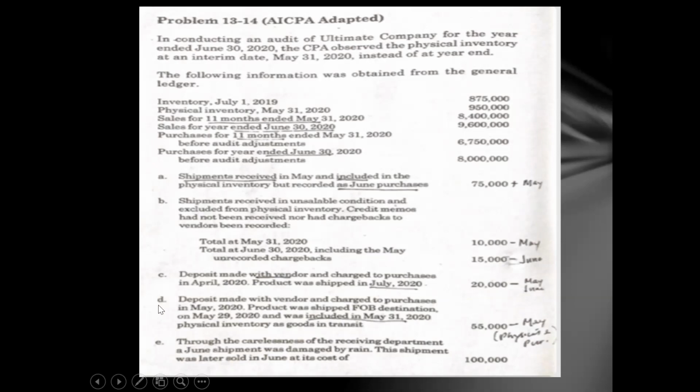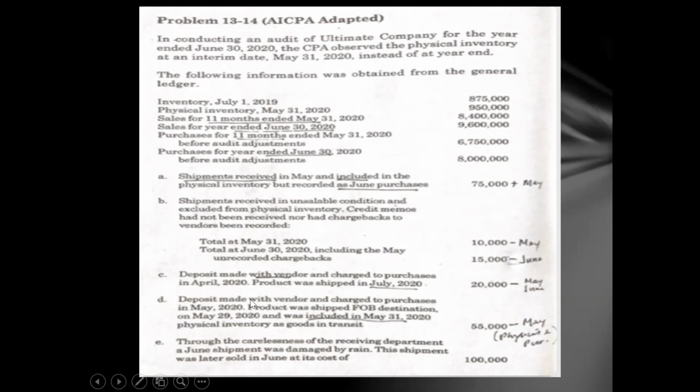For letter D, deposit made with vendor. This is again advances to supplier charged to purchases in May 2020. The product was shipped FOB destination on May 29 and was included in the May 31, 2020 physical inventory as goods in transit. When we say FOB destination, title of the goods passes to the buyer only upon receipt thereof.